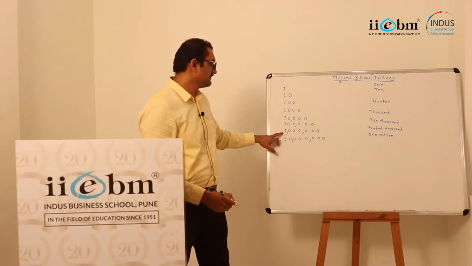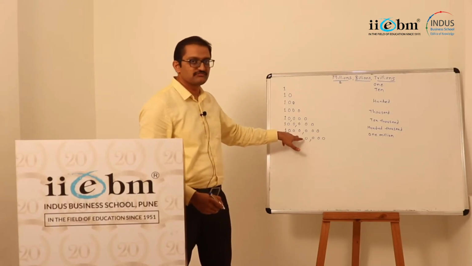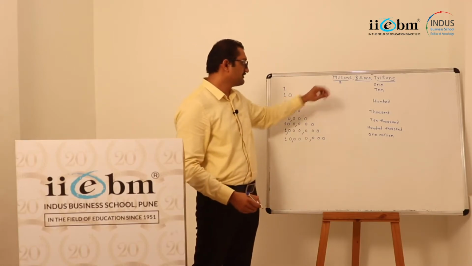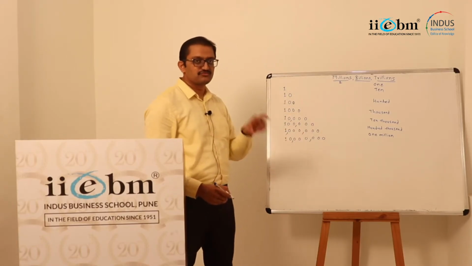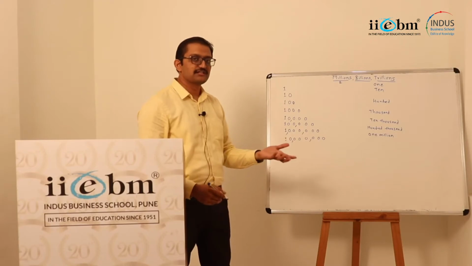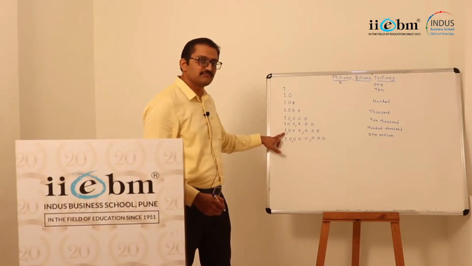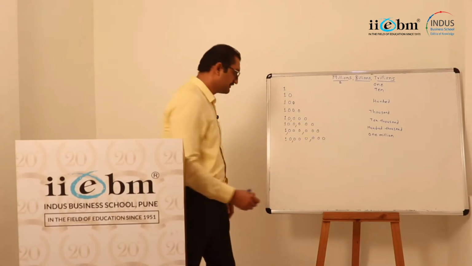As we can see in this number, we have 2 commas, or 2 periods. When any number has 2 periods, we can say this number is in millions. So, right now this number is 1 million.